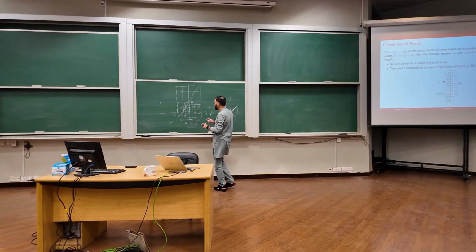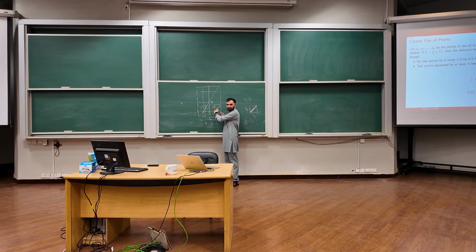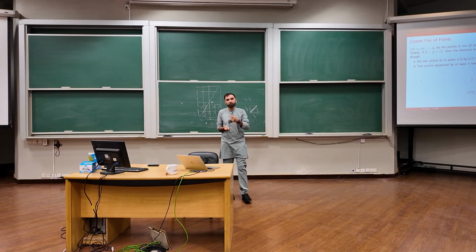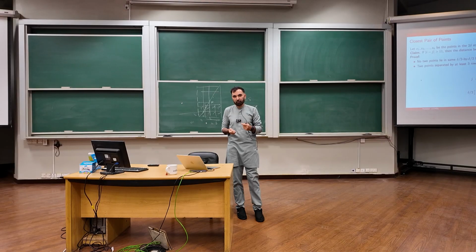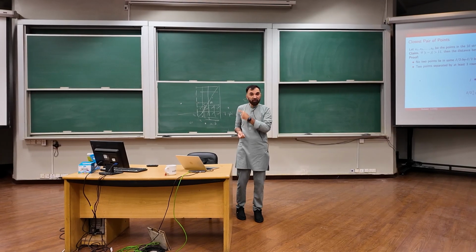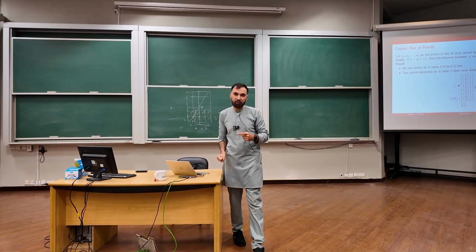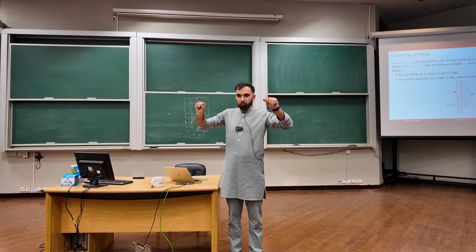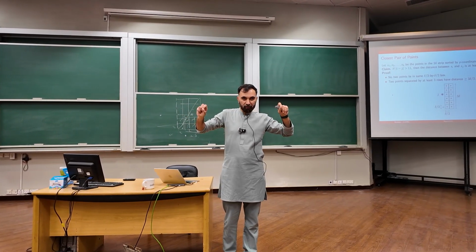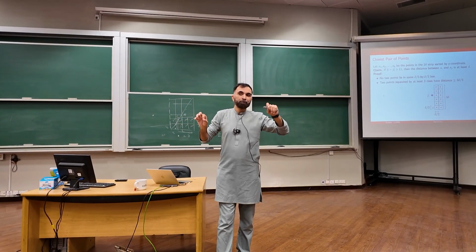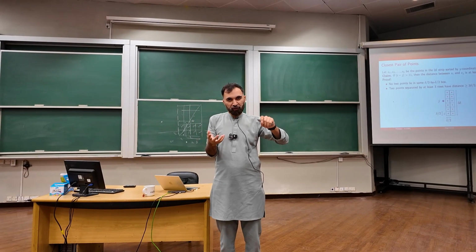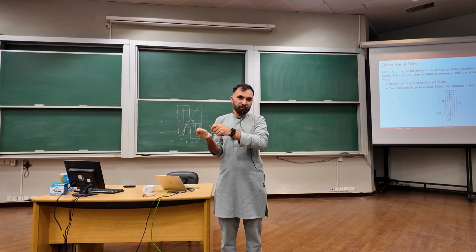So I'm not saying that these points will have distance less than delta. What I'm saying is potentially these points may have distance that's less than delta. Okay? So these points are not guaranteed to be at distance less than delta. You can definitely place points which are at distance more than delta. That's going to happen. What I'm saying is that it's possible that they are at distance less than delta.